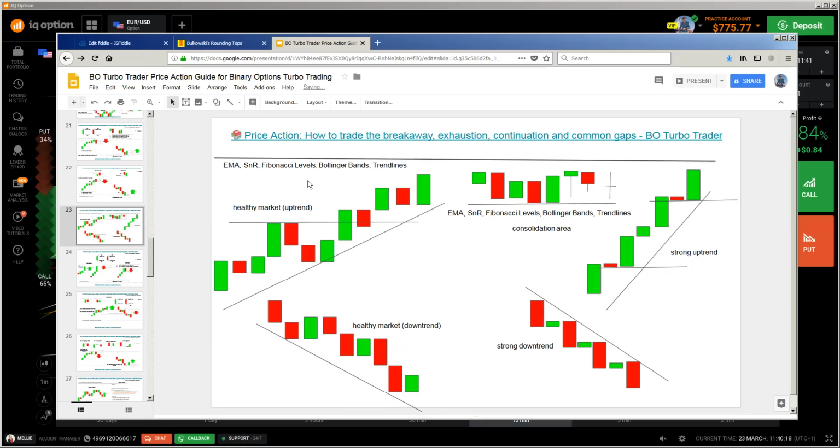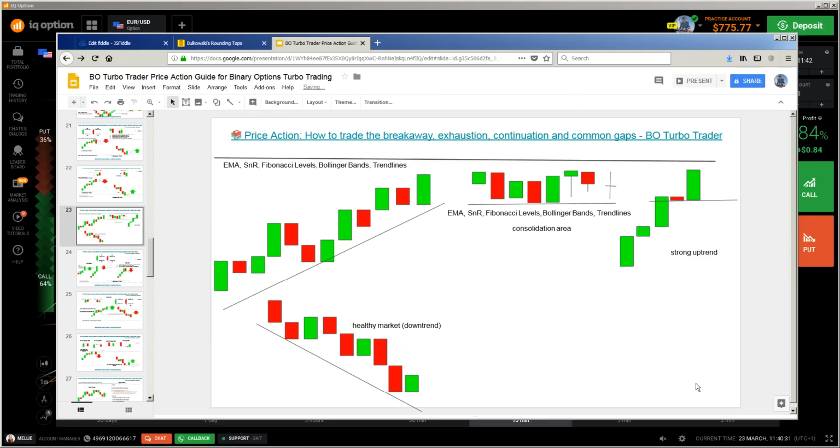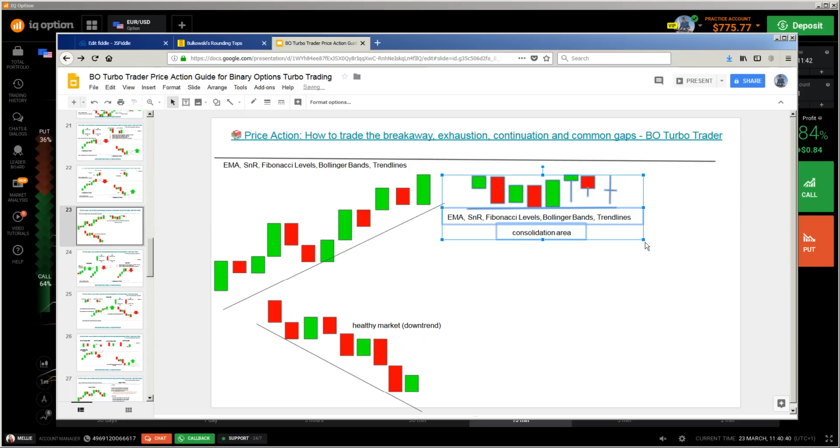Let me position them all in the right position. I will remove this one, this one, and those here. Then I will build something that looks like a market. We need this one here. This is a consolidation area.